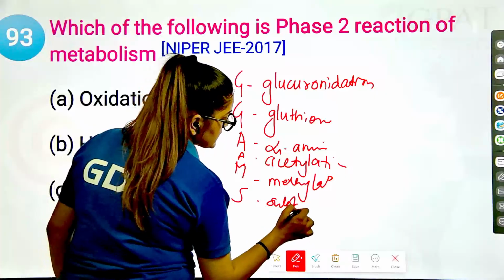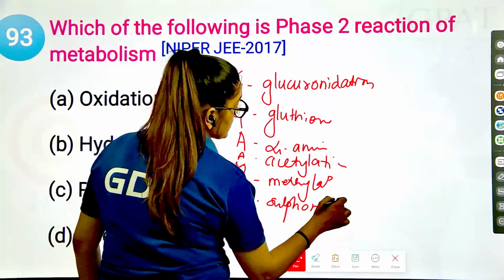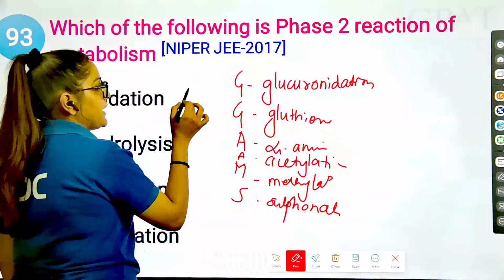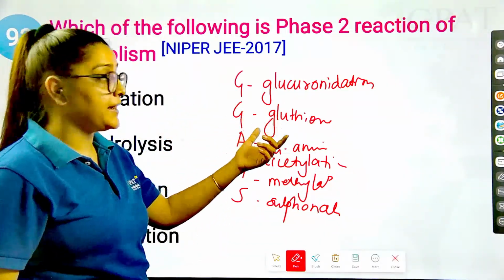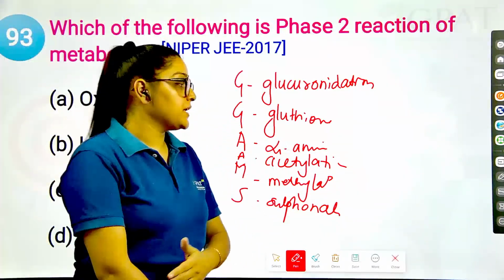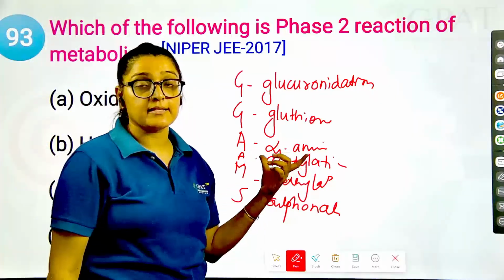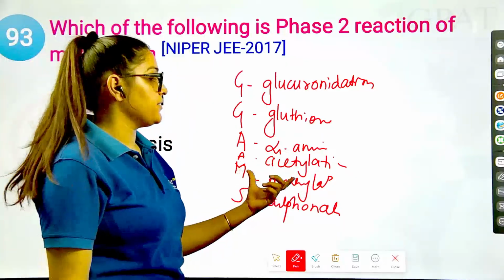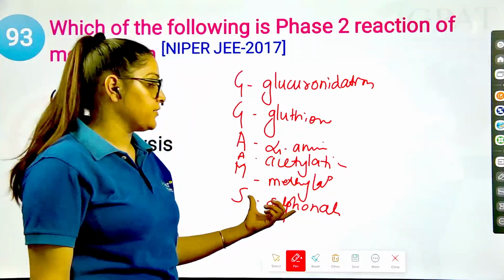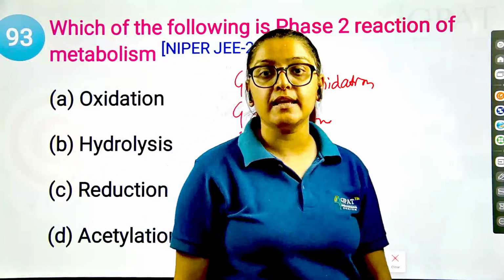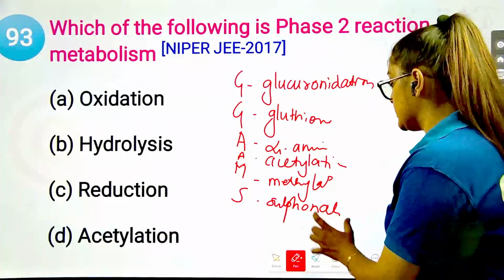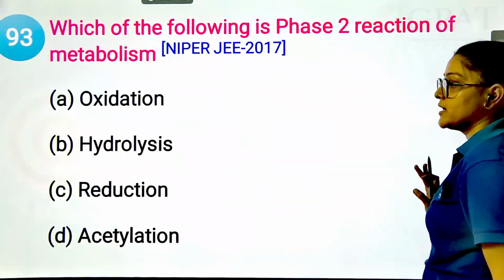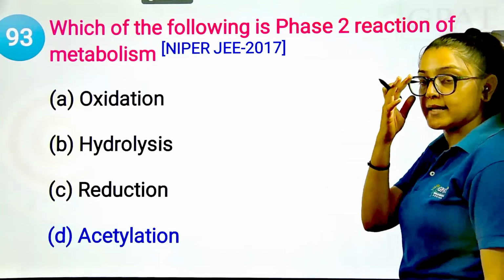So all these are phase 2 reactions. All these have a conjugating agent: glucuronic acid, right? We have glutathione, right? Then we have glycine, acyl coenzyme A. Then we have acetyl coenzyme A. Then we have methylation, right? Then we have sulfate for the sulfonation. Okay, methionine for the methylation. Okay, so option number D here is correct.